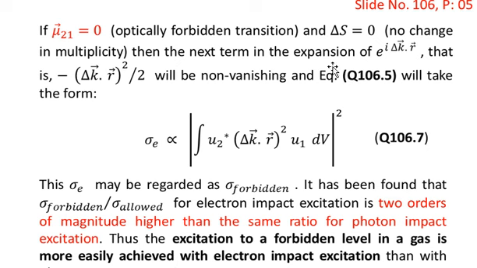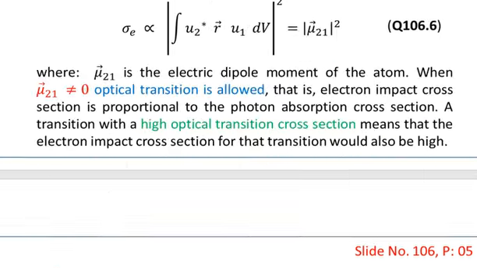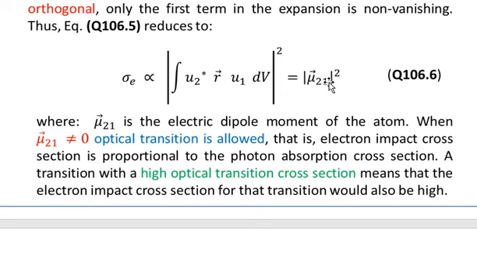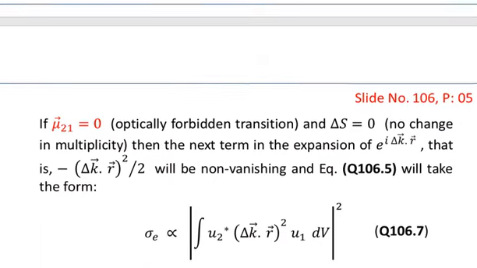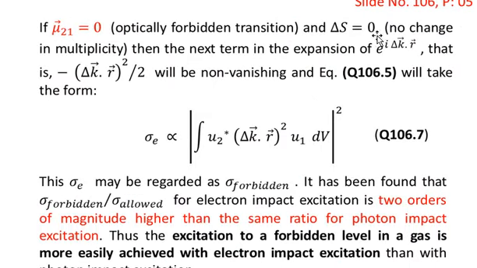So you see that if mu21 is equal to 0, it means that the first term has a 0 contribution. It means that we need to consider the second term. And if we consider the second term under the condition that delta S is equal to 0, then the second term in the expansion of e to the power iota delta k dot r will be equal to minus the square of delta k dot r divided by 2, and this second term will be non-vanishing.